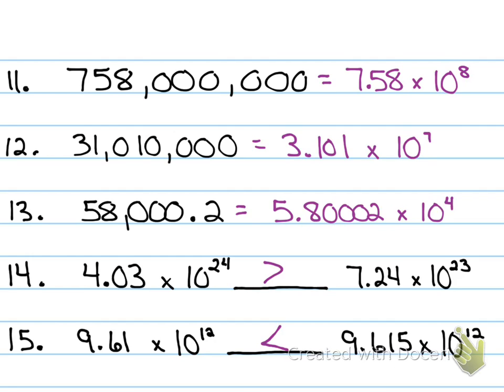Because he looked at the exponents and they're the same. They're both 12s. So then he looked at our decimal values, and 9 and 615 thousandths is just a little bit bigger because the 5 is in the thousandths place and this one has an understood 0 in the thousandths place. All right, so we compare exponents first. If they're the same, then we look at the decimal value to see which one is bigger.